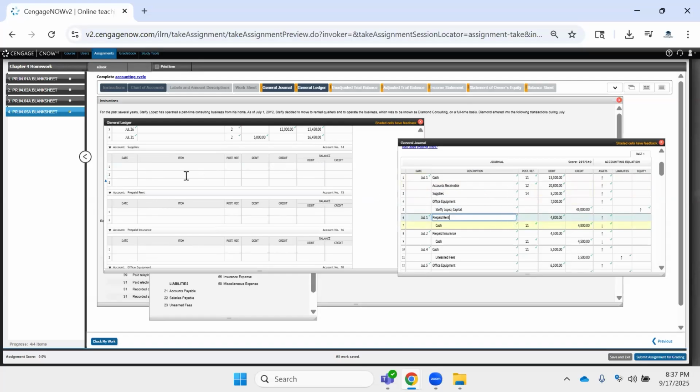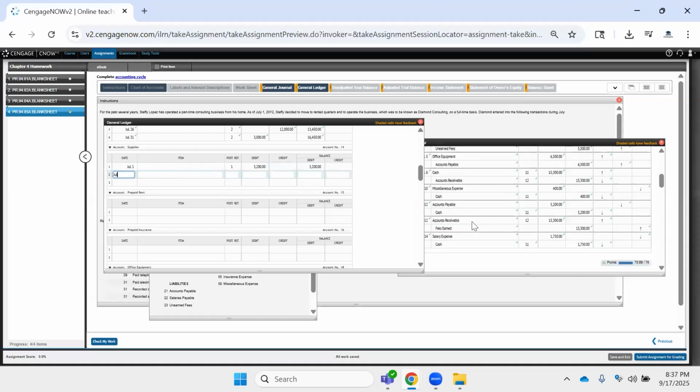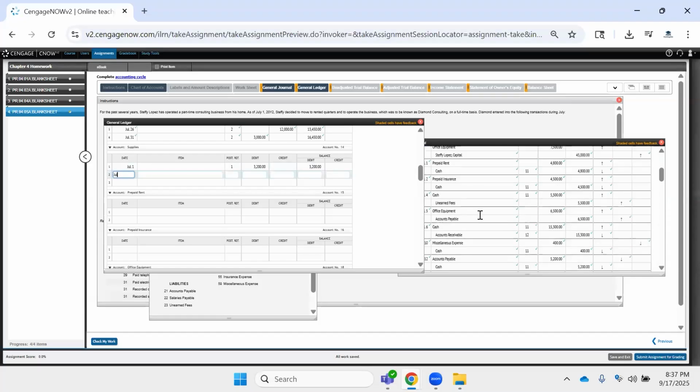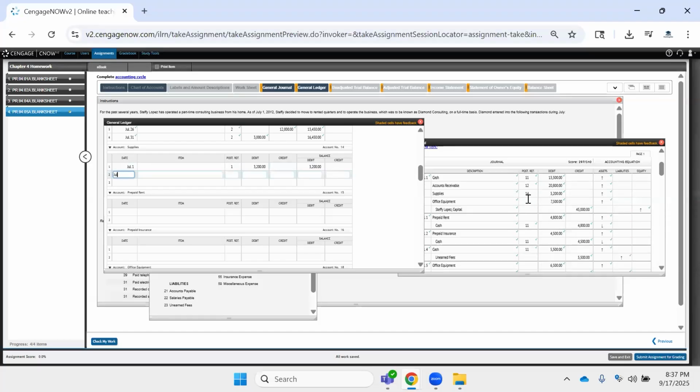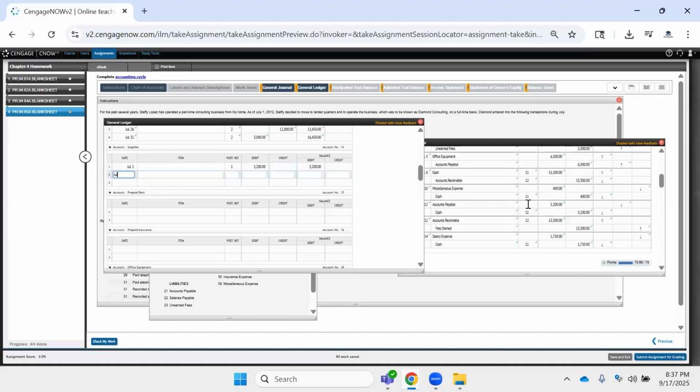So for supplies, our first entry is on July 1st. First page of the journal, so posting ref 1, $3,200. Our next entry is on, and we make sure we put our posting ref.